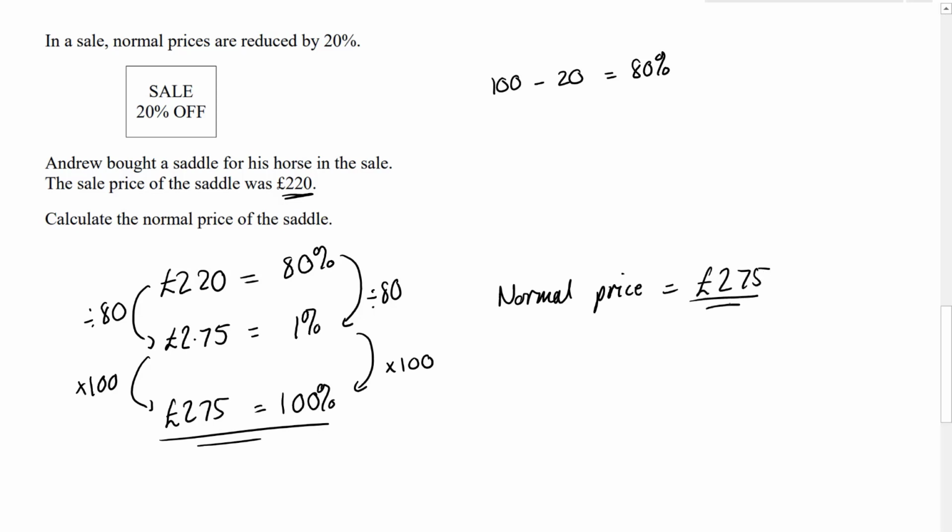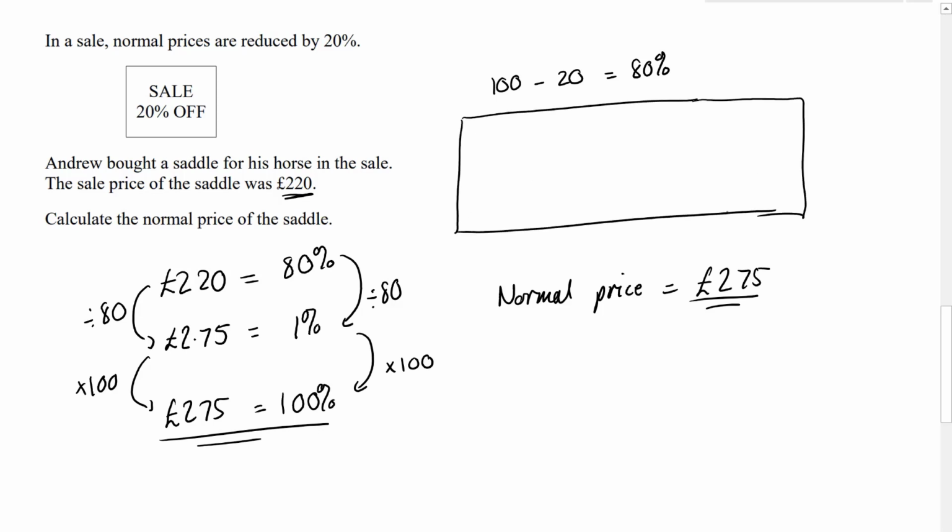If there was a calculator, so we'll put a little aside in here, if this is a calculator question, we could have just done 220 times by 100 over 80, and that would have given you 275 as well.